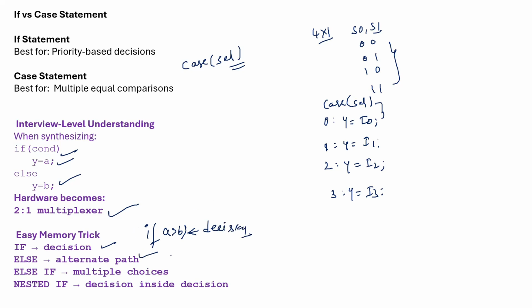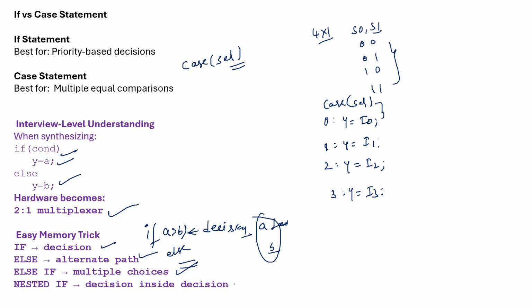And the else condition means an alternate path. Plan A fails, and then you go for plan B. And if else condition means not only plan A and plan B, you can have multiple plans. That is the if else condition statement you can use.